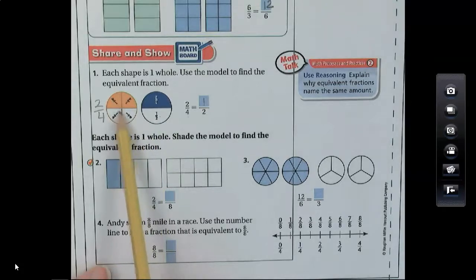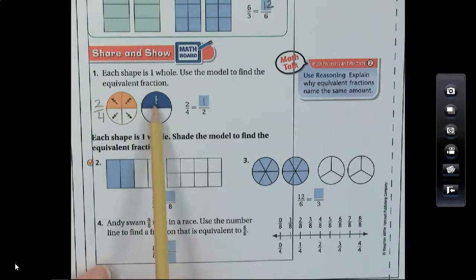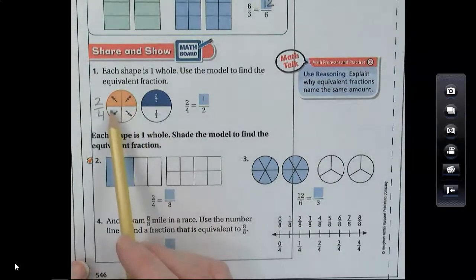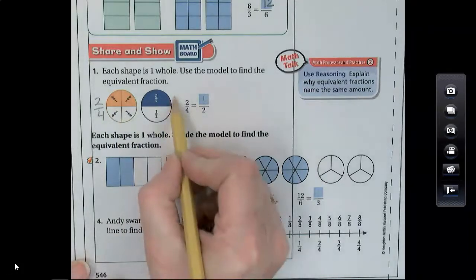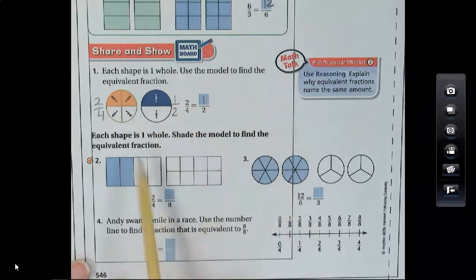This is cut into 4 pieces, but 2/4 is the exact same size as this 1/2. These 2 shaded parts, this blue and this orange, are the exact same size, same amount. So 2/4 is equal to 1/2. See, this one is 1/2. 2/4 is equal to 1/2.